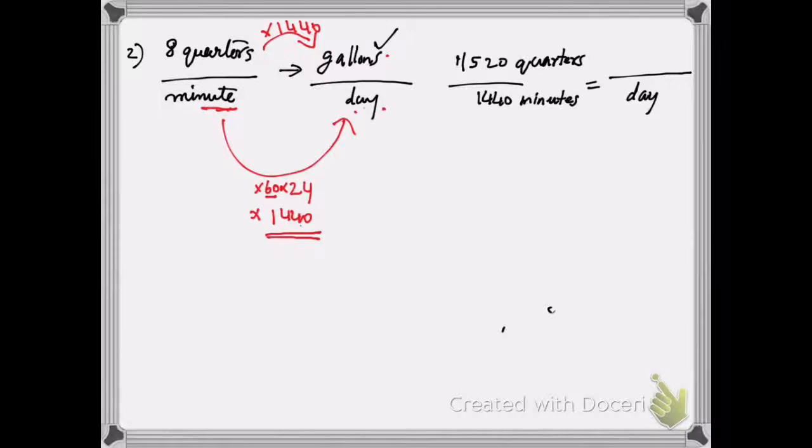So in order to convert quarters into gallons, 11,520 quarters into gallons, what you want to do is divide this by 4, because 4 quarters is 1 gallon, right? So what is 11,520 quarters?